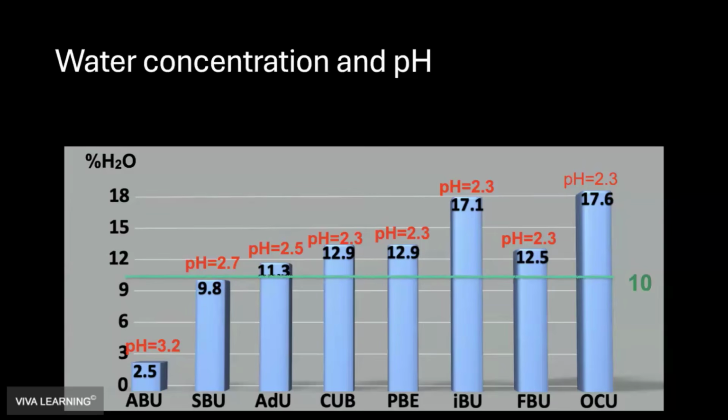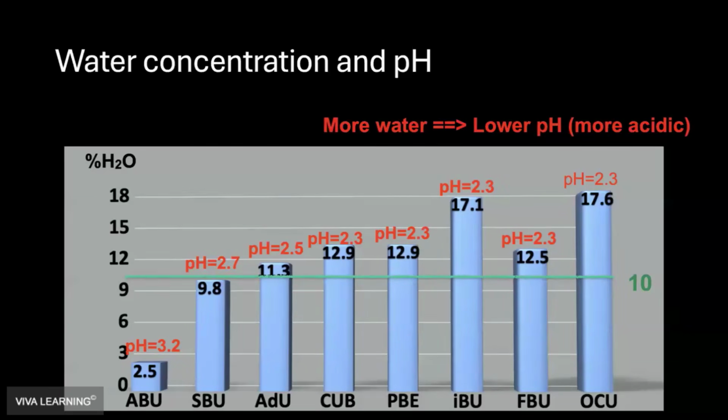Something acidic will break the bond, right? The next thing to understand about water is that the higher the water content, the harder it will be for you to evaporate that solvent. So you want something with low water content. And the more water something has, the lower its pH will be, because of the hydrogen ions present in water.